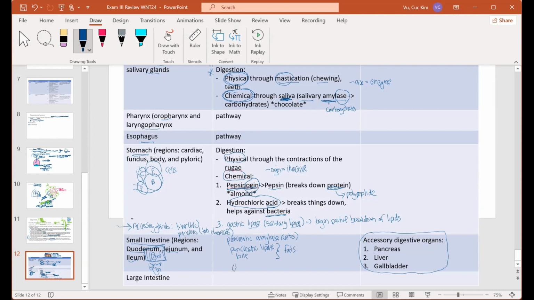Then you have the chymotrypsinogen, which technically is inactive, but will convert to chymotrypsin. Then you have the procarboxypeptidase, which converts to the carboxypeptidase.